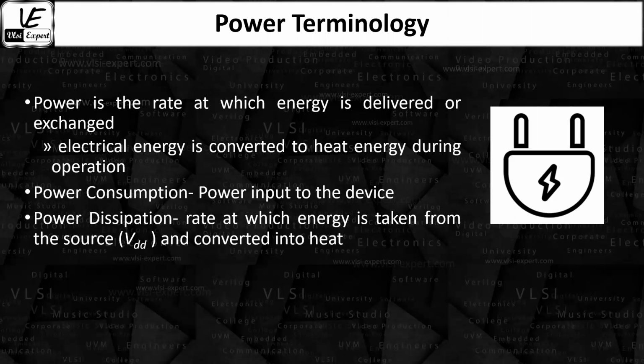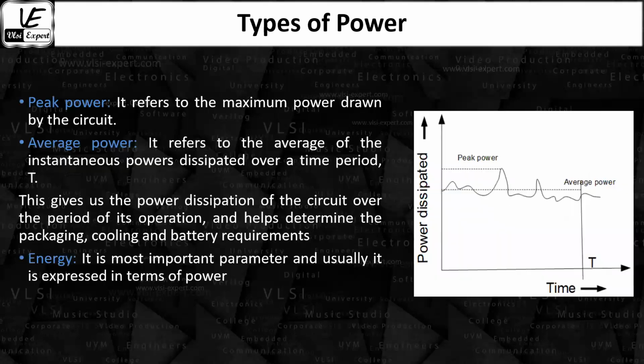So we can say that it is the power taken by the device for its operation. And power dissipation refers to the losses associated with the device that are dissipated as heat, or we can say that it indicates the amount of power wasted by a given device. Or in other words, we can also define it as the rate at which energy is taken from the source, that is the VDD, and then it is basically converted into heat.